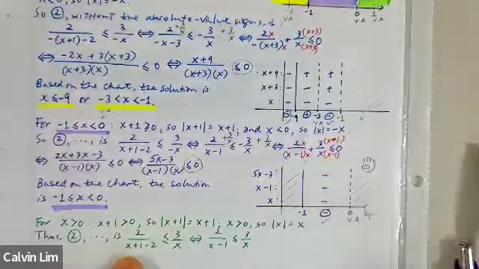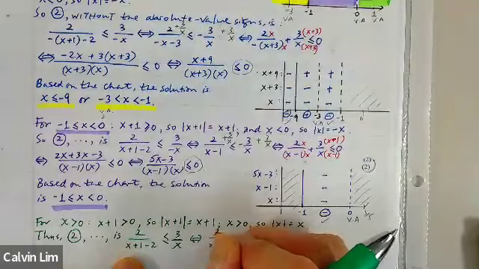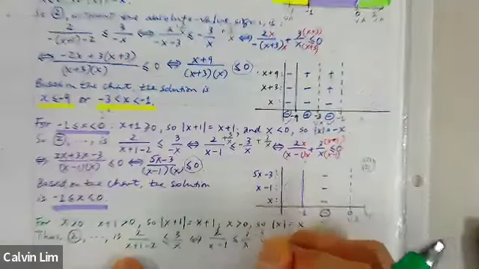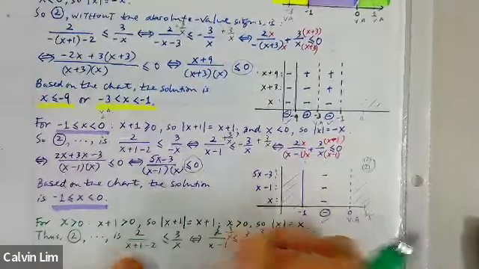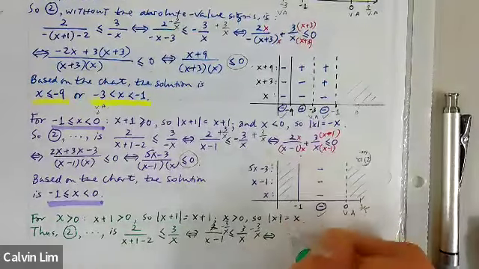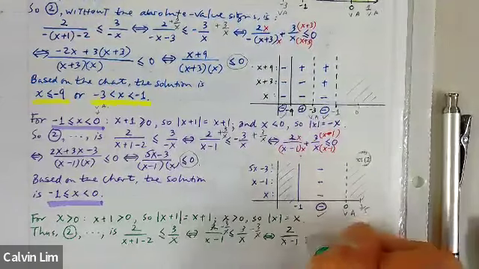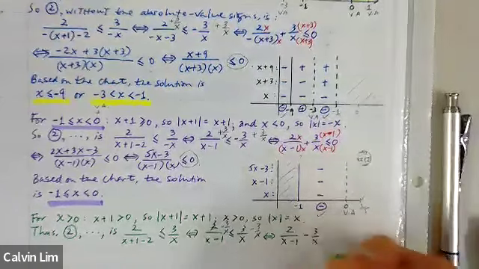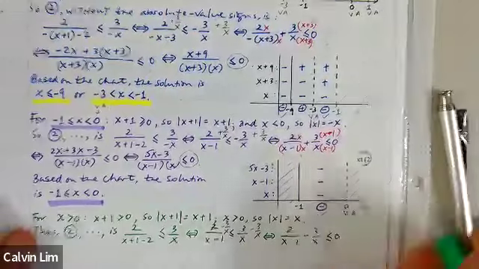To make one side 0, I can subtract 3 over x from both sides of the inequality to give me 2 over x minus 1, take away 3 over x is less than or equal to 0.